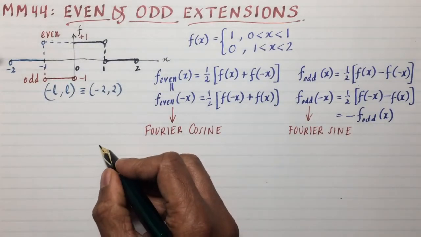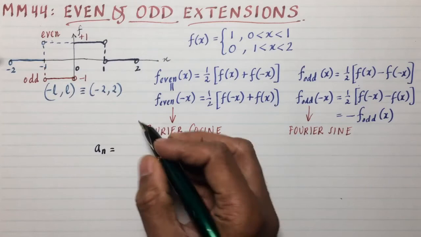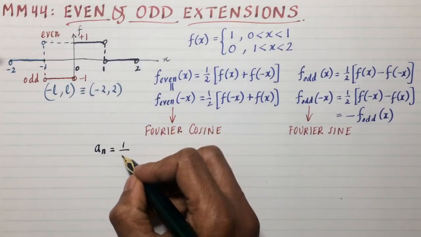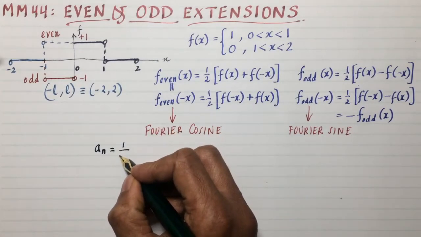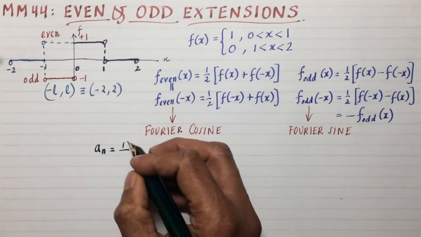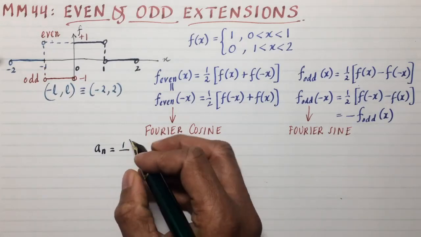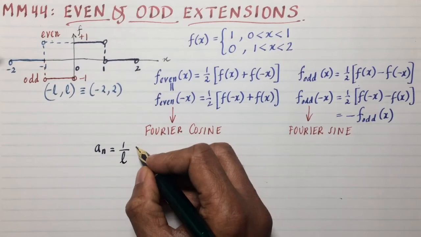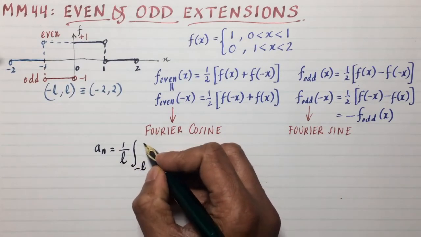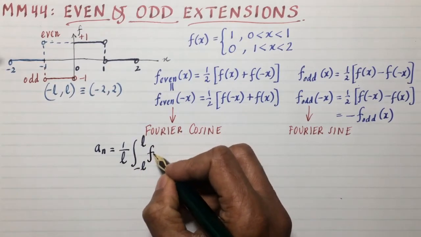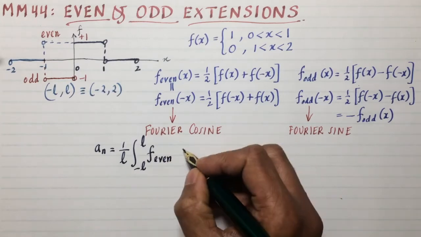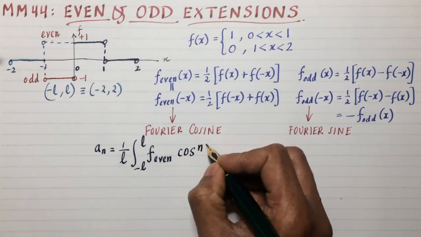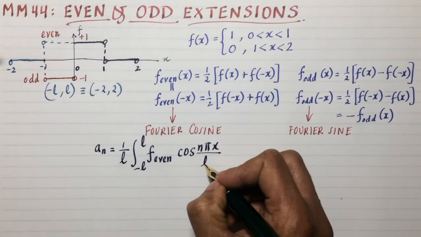The Fourier cosine series has terms like a n, including a naught, by the way. So that's going to be 1 over 2L, actually it's 1 over L, the integral from minus L to L, f even times cosine n pi x over L dx.